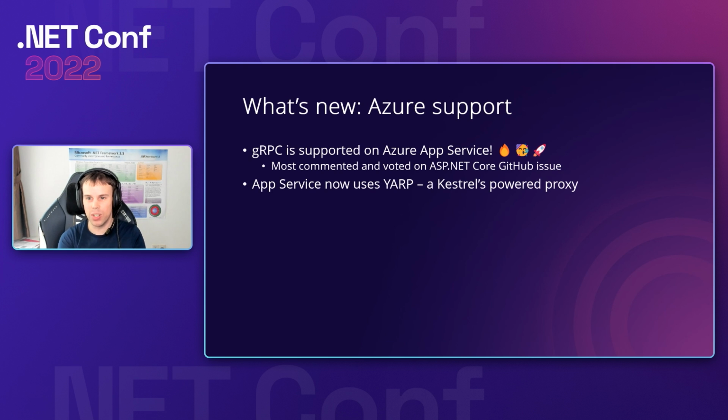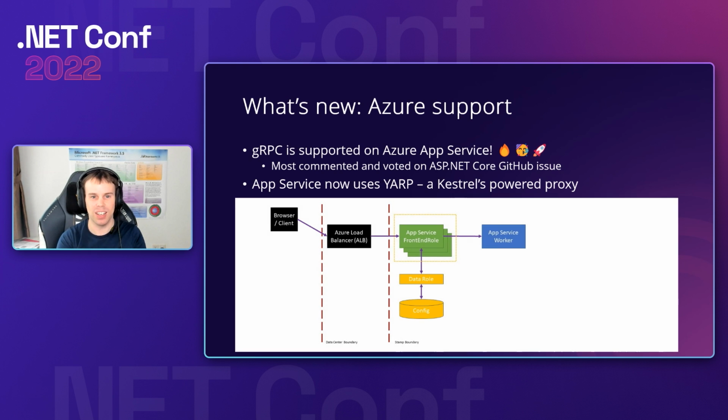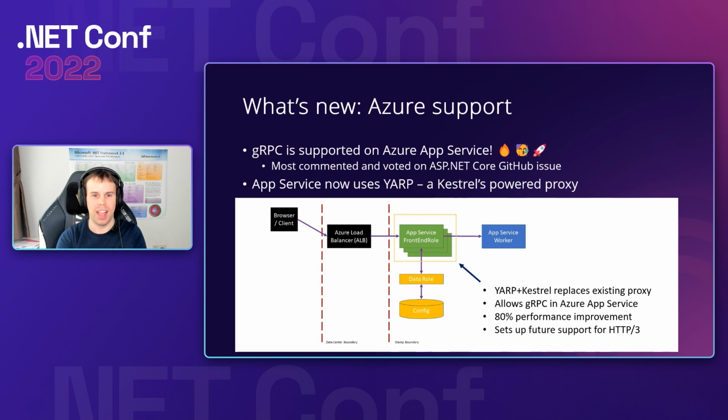The actual work to do this was a joint project between the Azure App Service team and the .NET team. What we did together was we replaced one part of the Azure App Service infrastructure, this thing called an App Service front-end role, and we replaced it with YARP, which is a proxy toolkit that runs on top of ASP.NET Core, and in this case, we're using Kestrel.